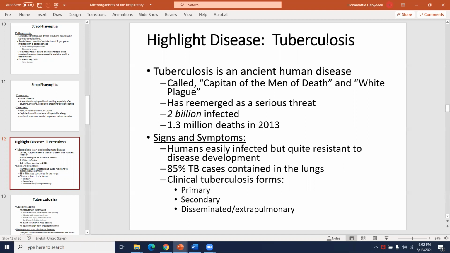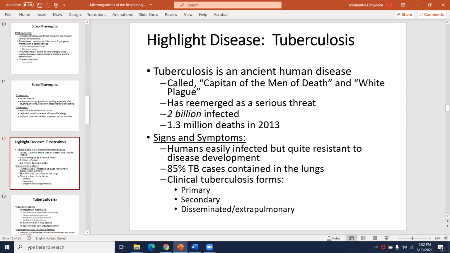I don't know how many of you know of TB, but about 85% of TB is contained in the lungs. The other 15% is disseminated. You can have what they call extrapulmonary TB, which is really very common in immunocompromised patients.